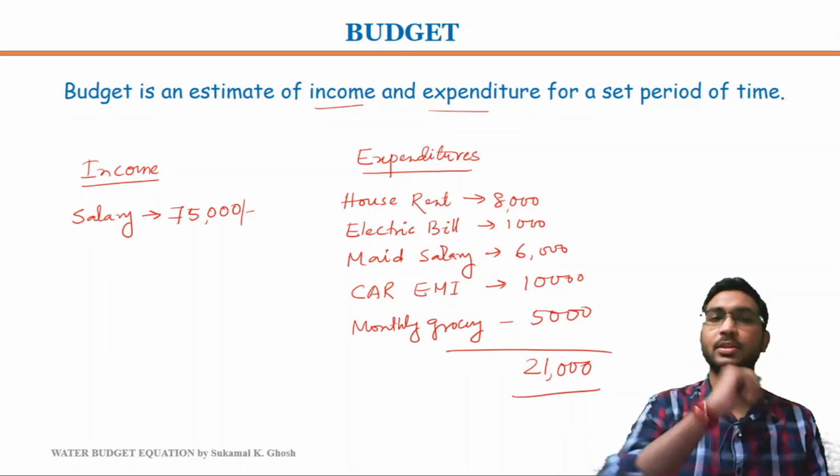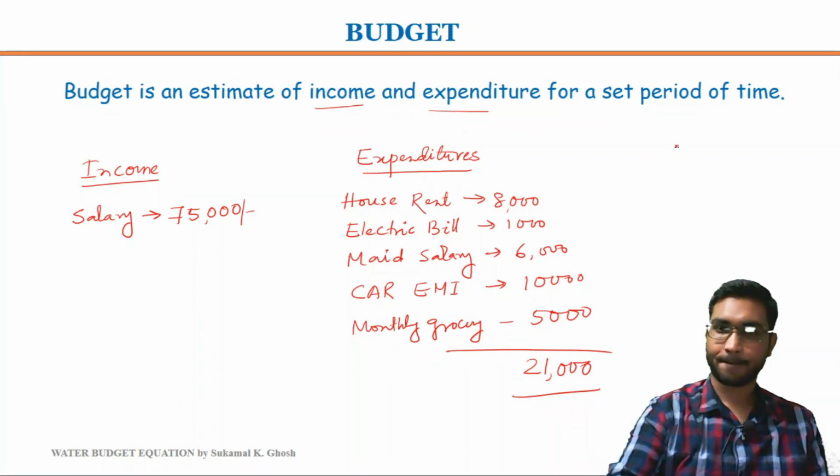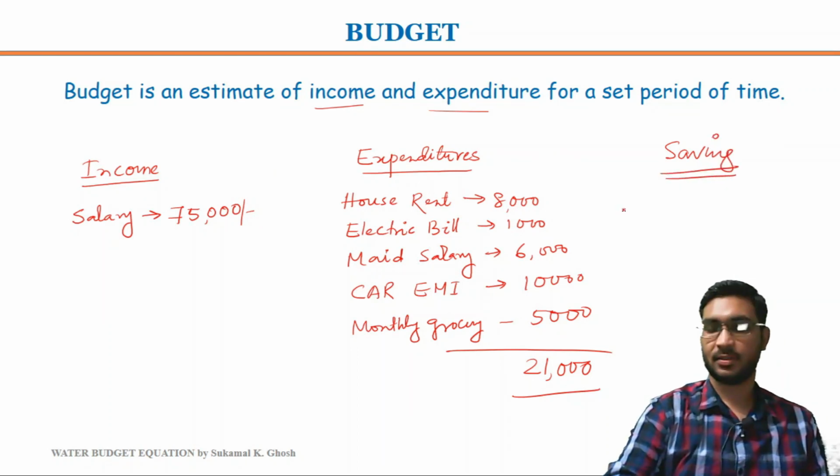So what is your total saving? Your saving for this one month is 75,000 minus 21,000 equal to 54,000.